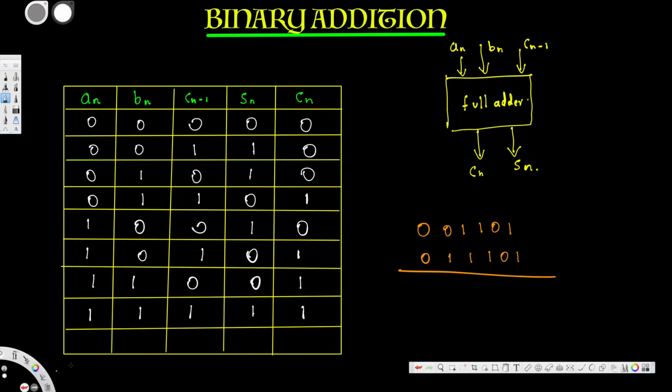Let's use a different color. 1 1 is going to be 0 and we have a carry 1, 1 0 0 that's going to be 1, and this is 1 1 that's going to be 0 and we have a carry 1, 1 1 0 and we had this one, this is going to be 1 and we have another carry 1, 1 0 and we have 1 right here. For example, if we don't have this 0 0, we are going to have an overflow. So we are going to have overflow. Now since we have this one, this is okay.